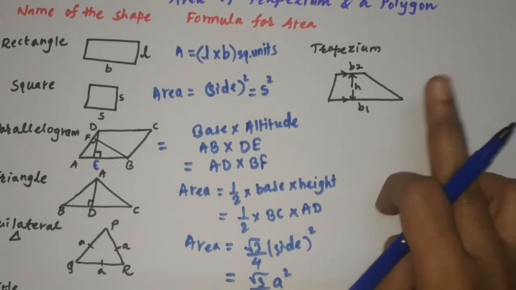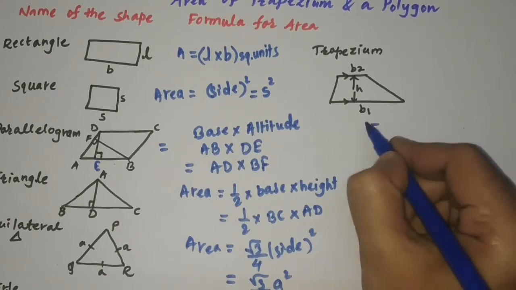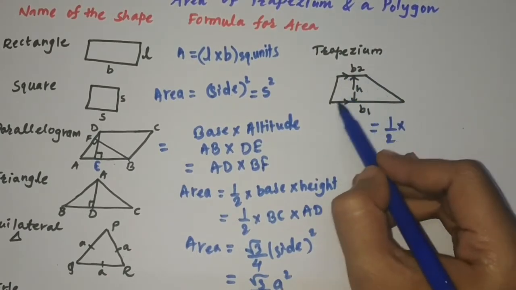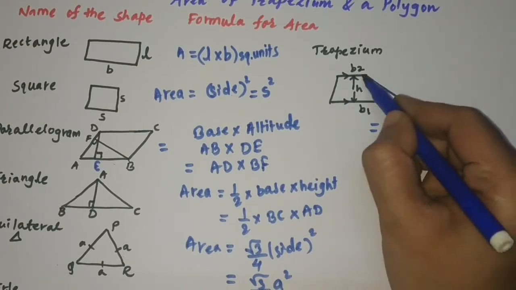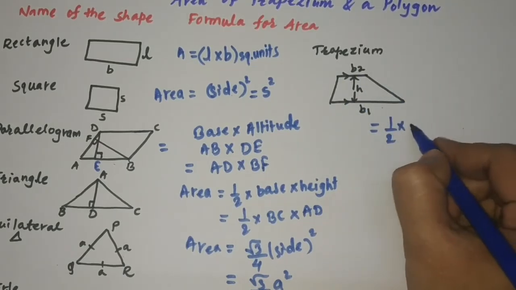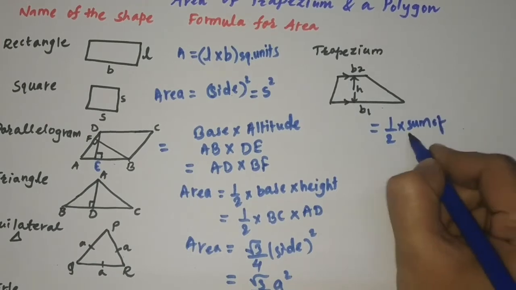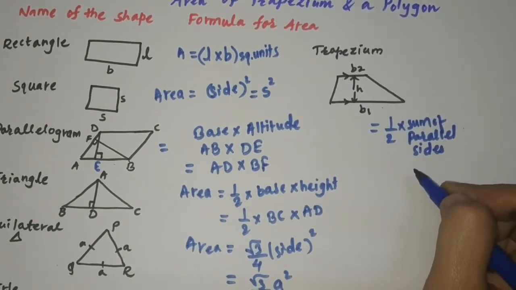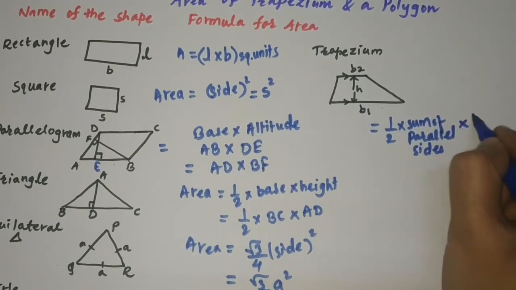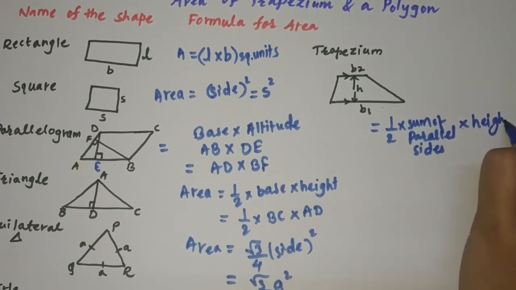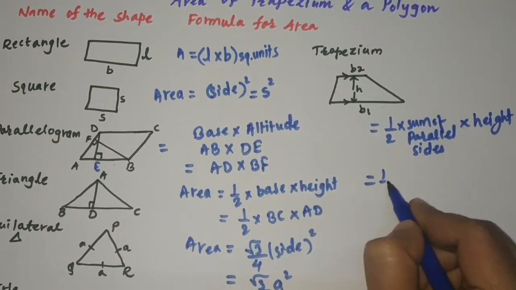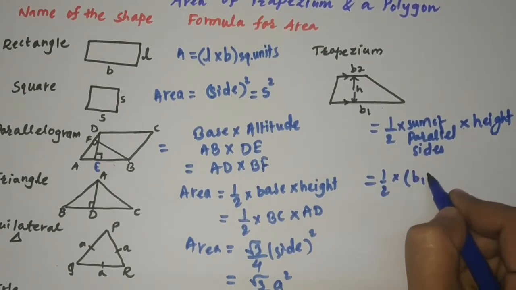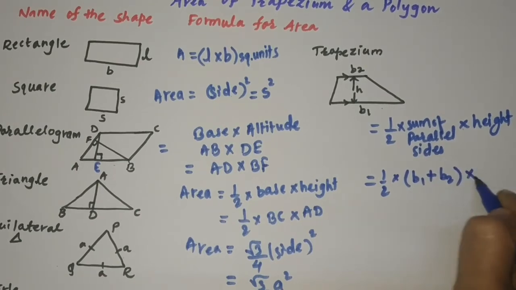The area of a trapezium is 1/2 times the sum of its parallel sides, which are b1 and b2, multiplied by the height h.